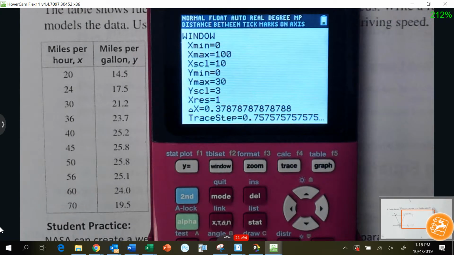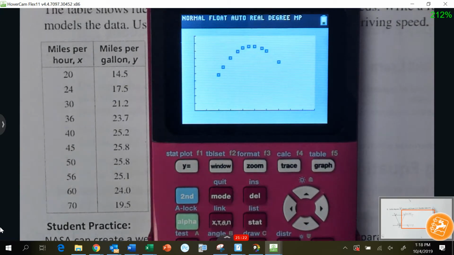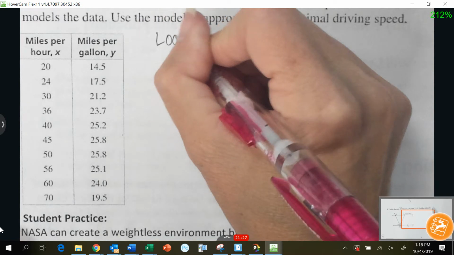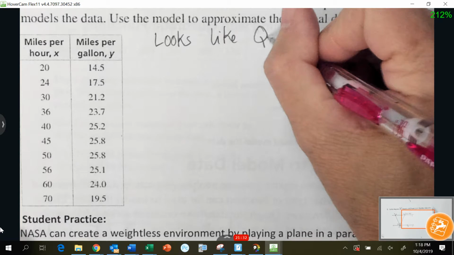So when I hit graph now, my points plotted. What does that look like? That looks like a parabola that's reflected, right? So that means I'm going to use quadratic regression. So it looks like quadratic.